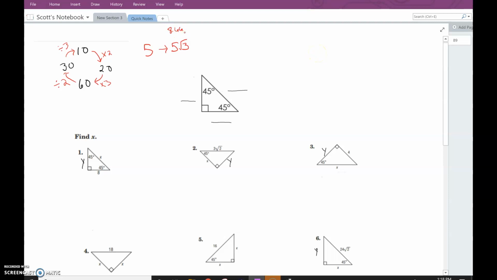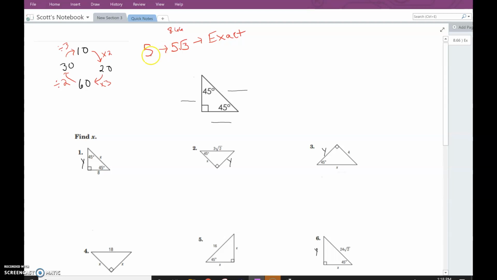This is exact terms here, 5 square root of 3. If you ever see exact answer, notice how that's not rounding anything. It's like 2/3. Instead of writing 0.66 or 6 repeating, that is the exact answer.